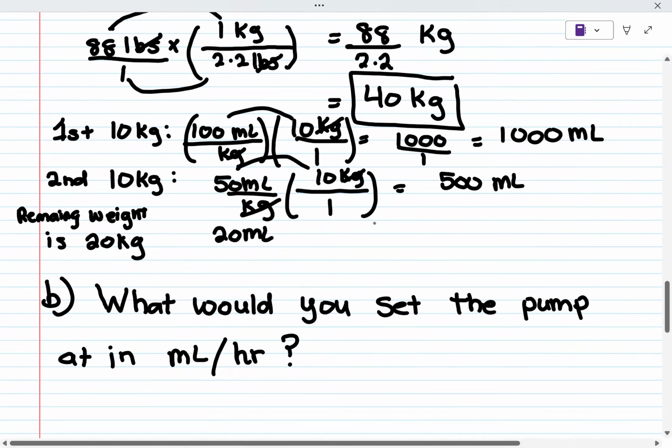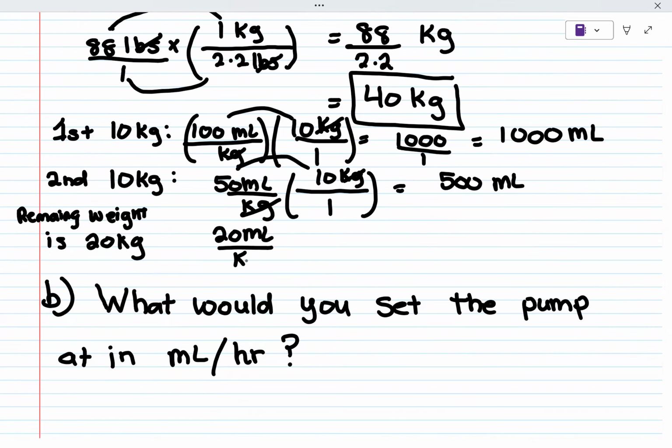So it's going to be 20 milliliters per kilogram times 20 kilograms over 1. So that's going to be 400, right? The kilograms disappear and you're left with milliliters.